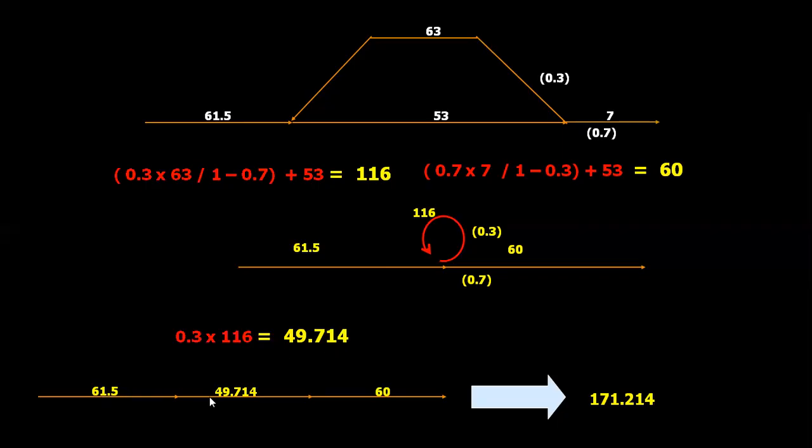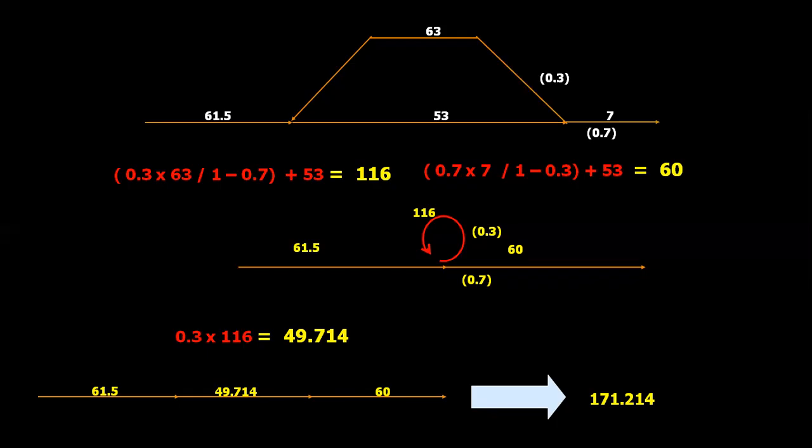So 61.5 plus 49.714 plus 60 will be giving 171.214, which is my average. So which is the mean processing time. So as a result, we calculated the mean processing time, and the mean processing time is 171.214.